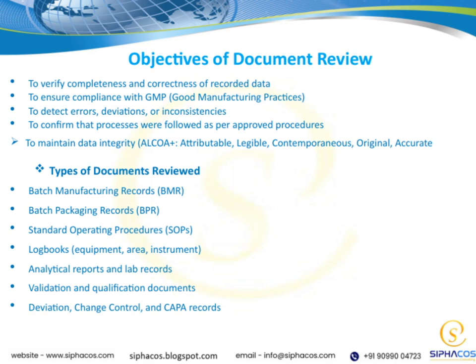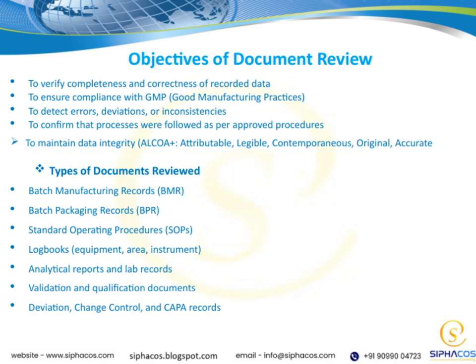Now, moving on to the types of documents we review. We examine batch manufacturing records, or BMRs, which detail each production run. Batch packaging records, BPRs, show how the product was packaged. Standard operating procedures, or SOPs, provide the instructions that guide our work. Logbooks for equipment, areas, and instruments help track activities and conditions. Analytical reports and lab records are essential for quality testing.